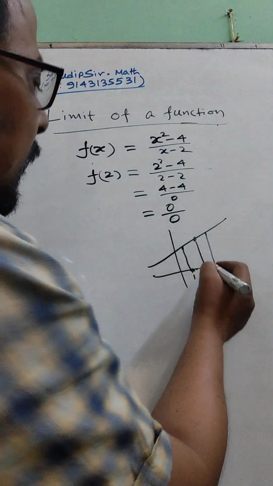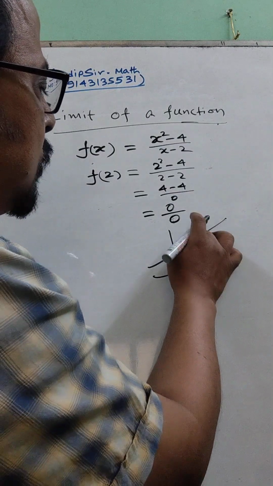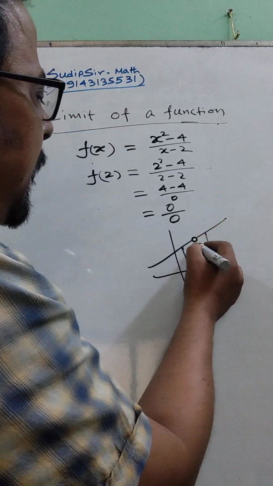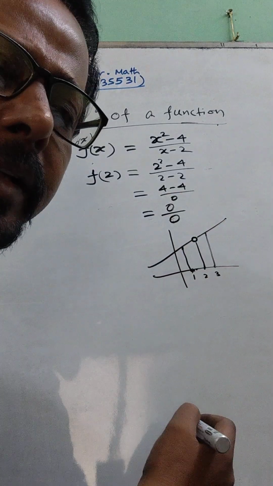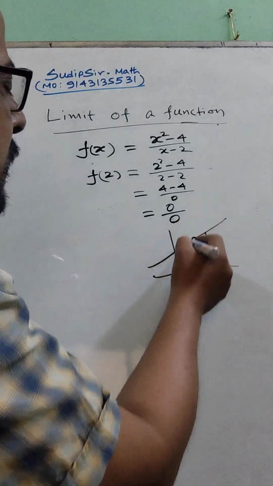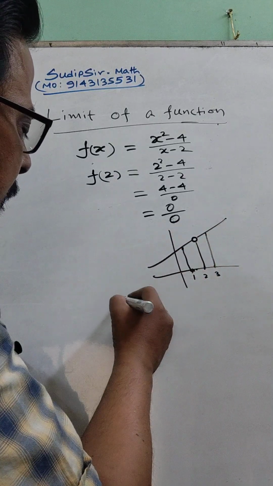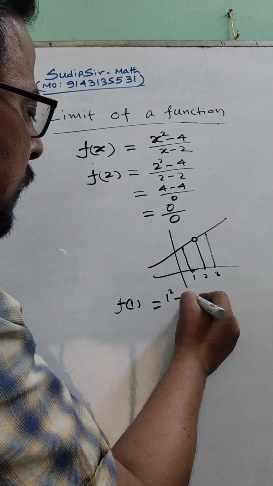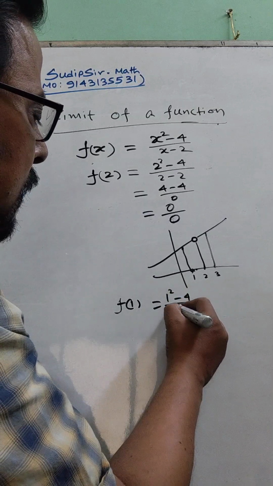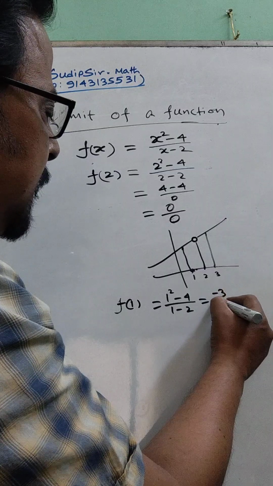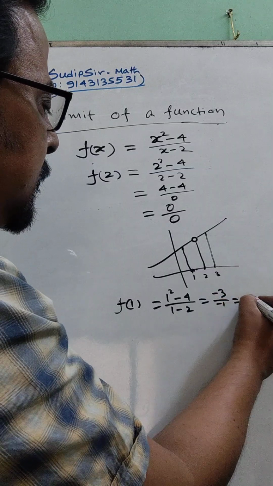Now, at 2, there is a certain point where this is undefined. But we can get any value other than 2. We can get f(1) equal to (1 square minus 4) by (1 minus 2), that is minus 3 by minus 1, that is 3.